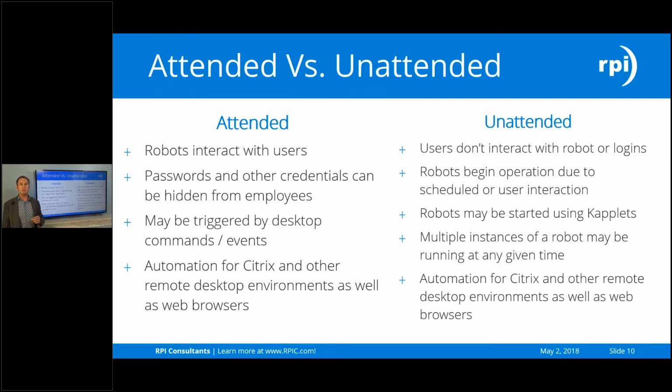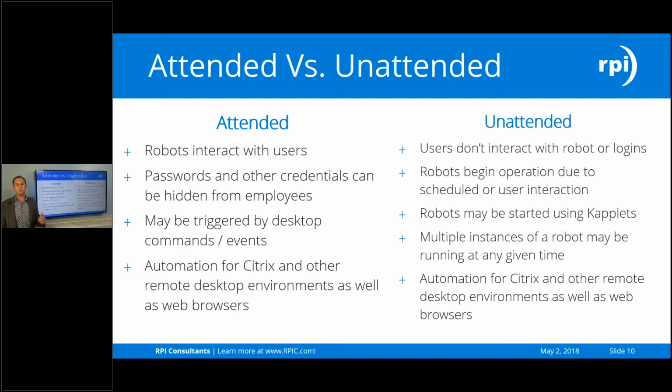So that might mean that a certain keystroke triggers a robot. Maybe I move a file and that triggers a robot. In general, it's any time that the end user is performing a task, at some point in time, a robot steps in and then the user goes back to performing that task.